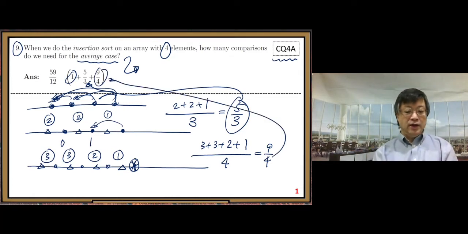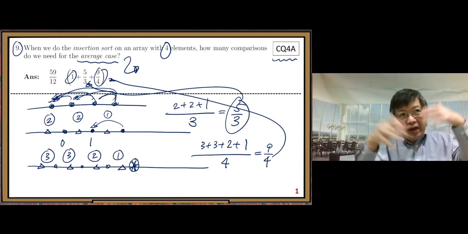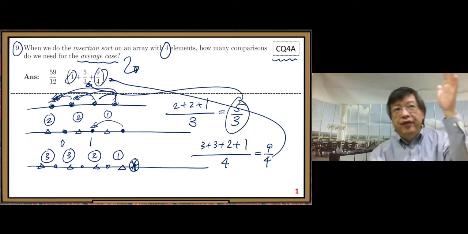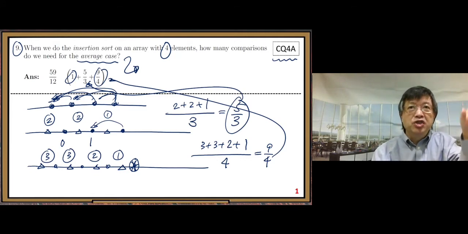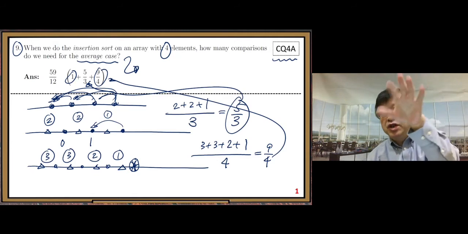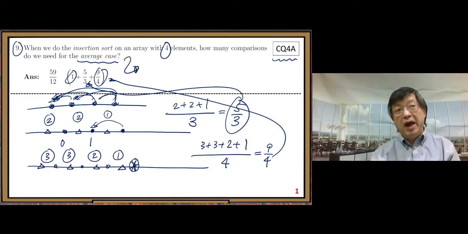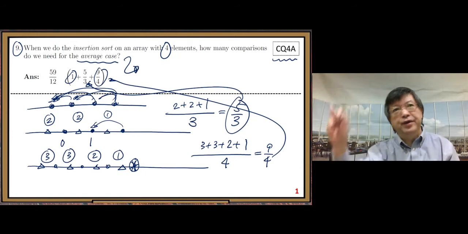So that's the way we calculate the average case number of comparisons. Step by step. This way, it is much easier to do the average case calculation. Although there are other different ways, usually those are much harder.